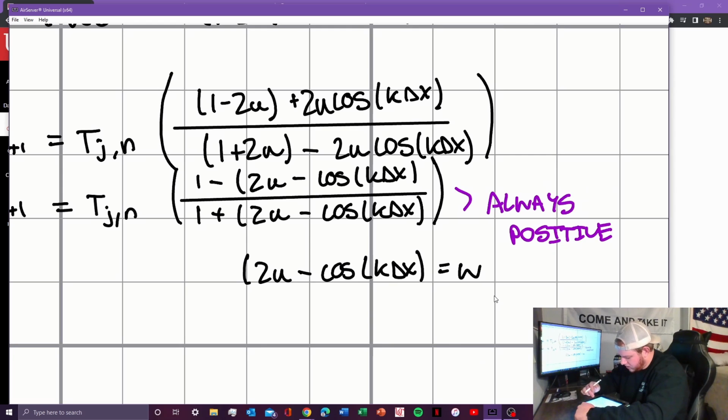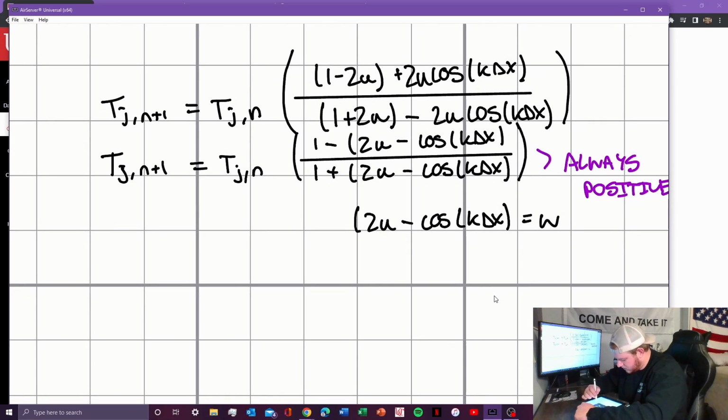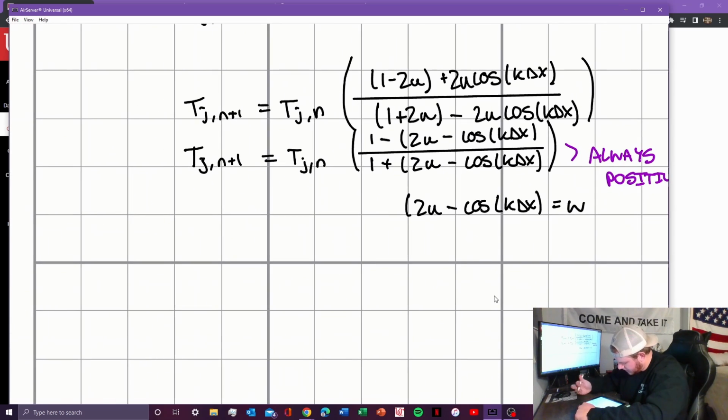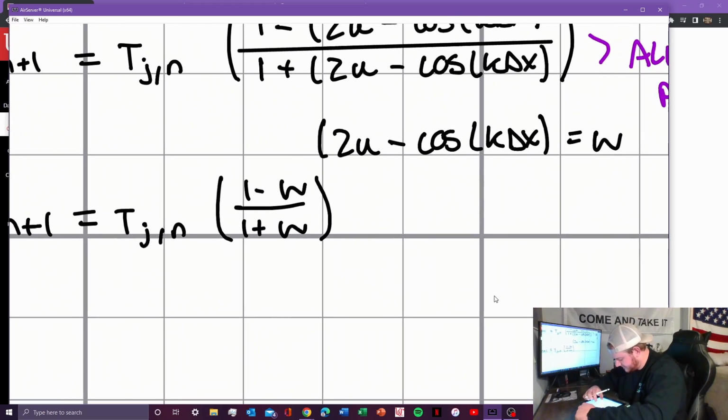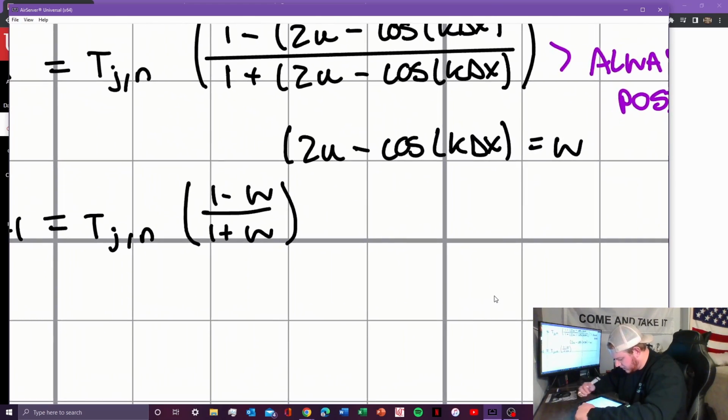That's very important. So when we rewrite this, we can write it as (1 minus omega) over (1 plus omega). We know that the only way for this term to be equal to 1 is if omega is 0.